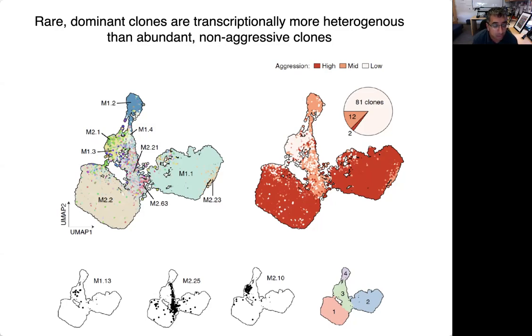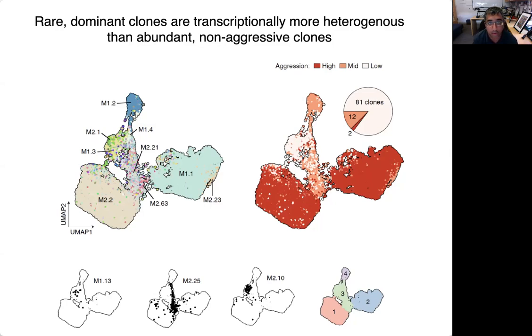But what's also interesting here is that if you take the amount of geography that's eaten up on this UMAP as a proxy for transcriptional variability, there's a lot of transcriptional variability within these large clones, right? Almost more perhaps than the transcriptional variability amongst the non-aggressive clones that are also detectable.